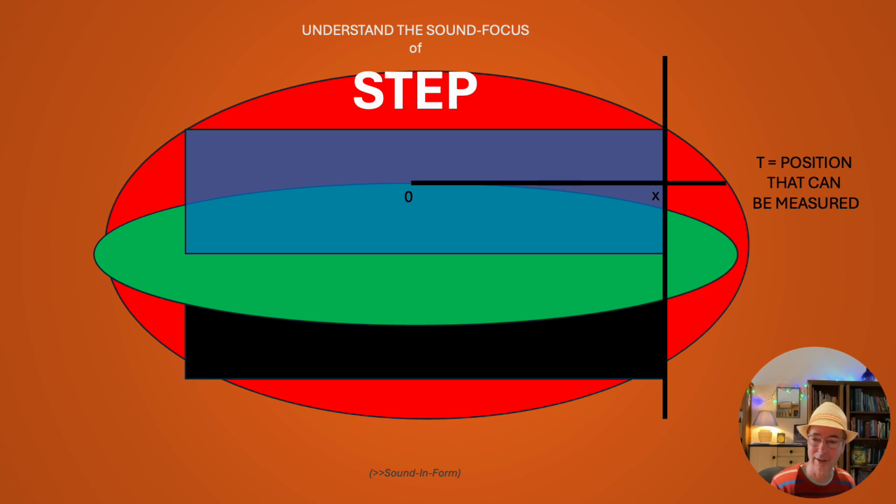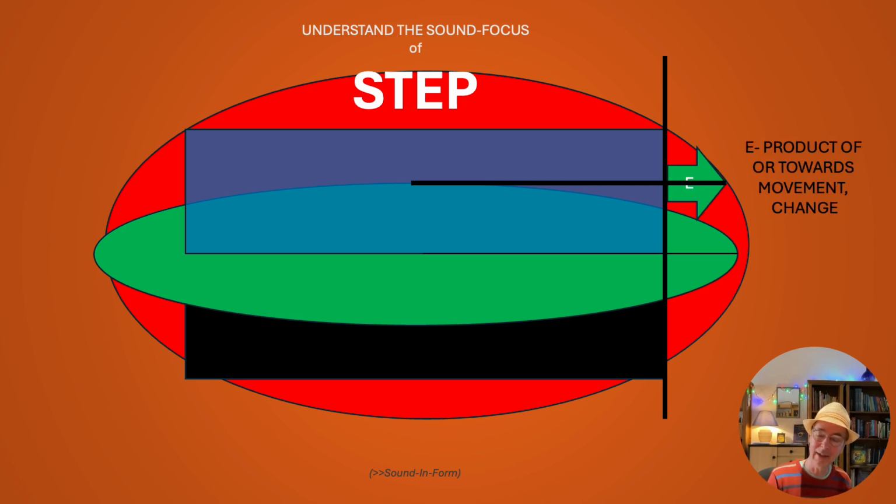So S and T means I have an experience, and at a certain point I can measure it at that specific point, how much it is, what the values are. And the A says that these values are also produced with or producing a movement, a change.